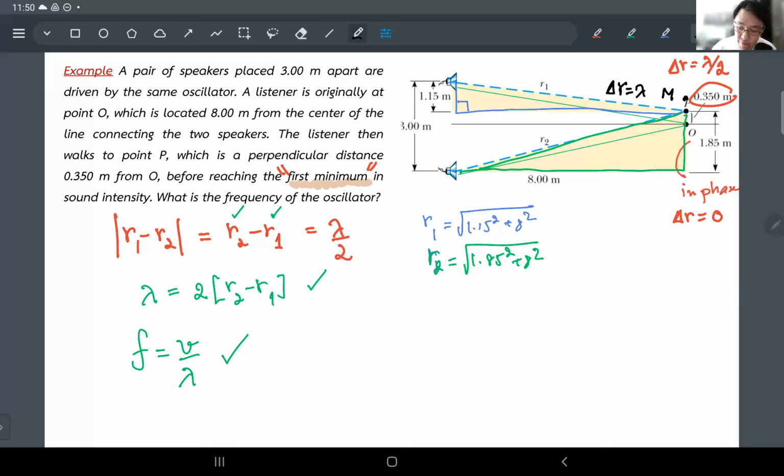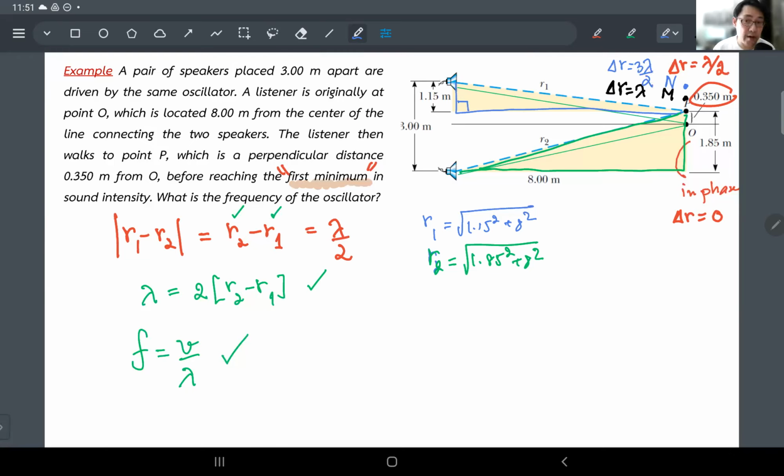And if you keep walking, of course, now you start to guess the progression. At point M, it's perfectly in phase. When you walk away from it further, it starts to get out of phase. Eventually, you might reach point N, and it's going to be the next minimum. That delta R is now 3 lambda over 2.